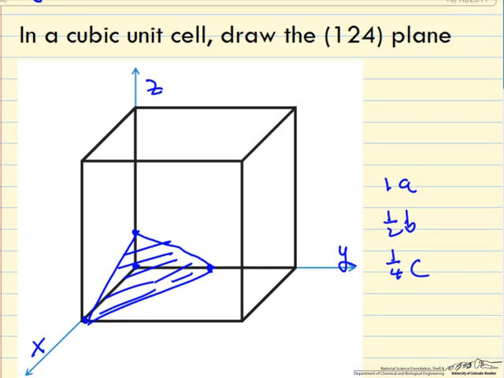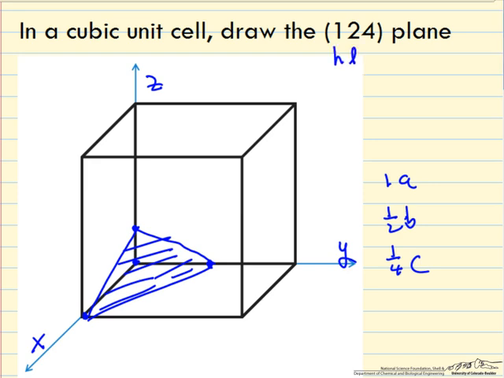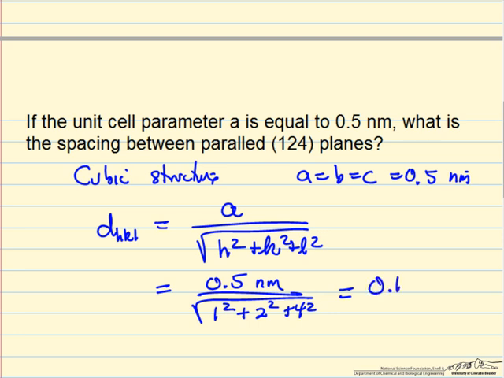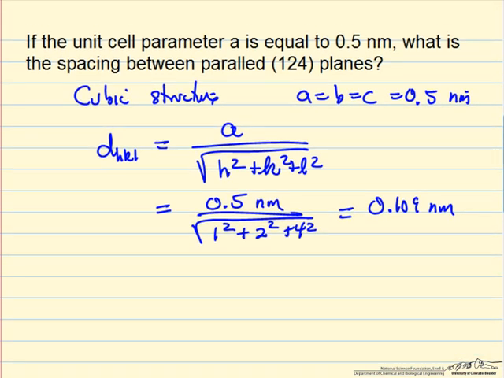So Miller indice notation, this is h, k, and l. We're looking at the (124) plane, so 0.5 nanometers divided by the square root of 1 squared plus 2 squared plus 4 squared, which is 21, the square root of 21. If we do the calculation, slightly more than 1/10 of a nanometer. This is the spacing between the (124) planes.